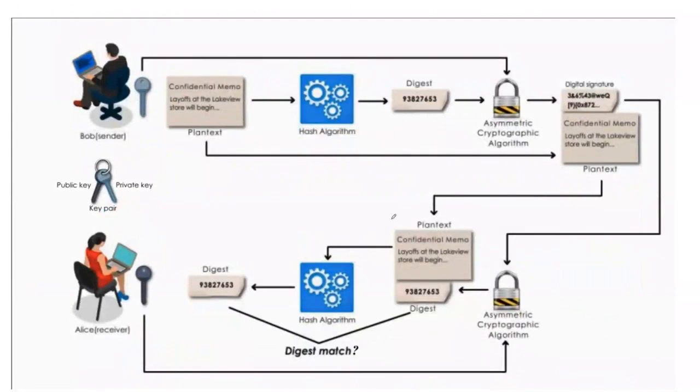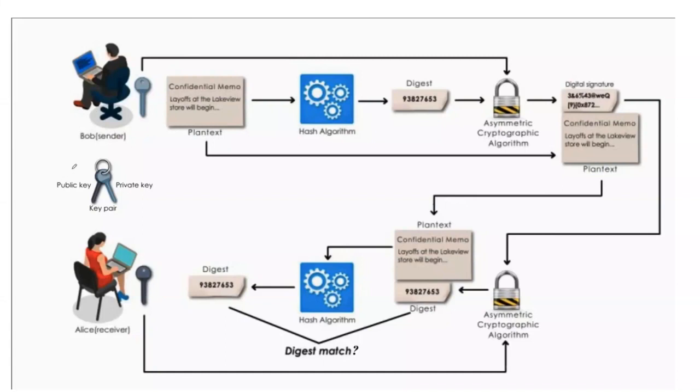Suppose in digital signature, you have Bob and Alice. They want to exchange information, or a block of your blockchain. What is the first step? If Bob is the sender and Alice is the receiver, the first steps should be taken by the sender.